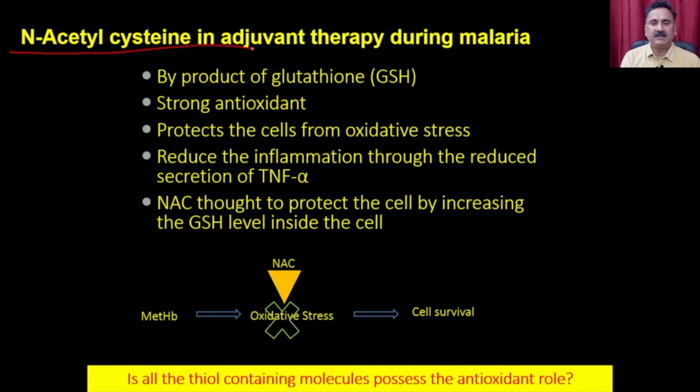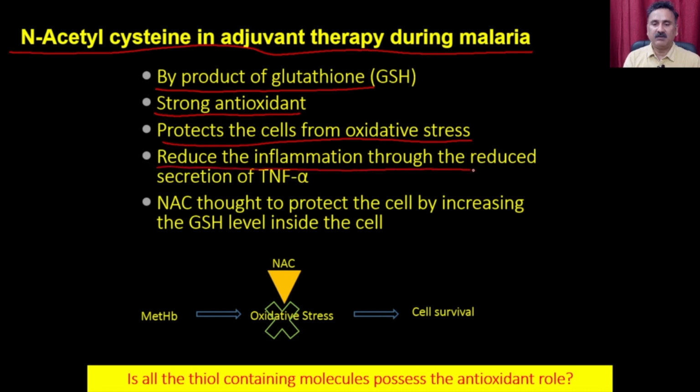So N-acetylcysteine is being used in adjuvant therapy. It is a byproduct of glutathione. It is a strong antioxidant. It protects the cells from oxidative stress. It reduces inflammation through reduced secretion of the cytokine called TNF alpha. And NAC is thought to protect the cell by increasing the GSH level inside the cell.